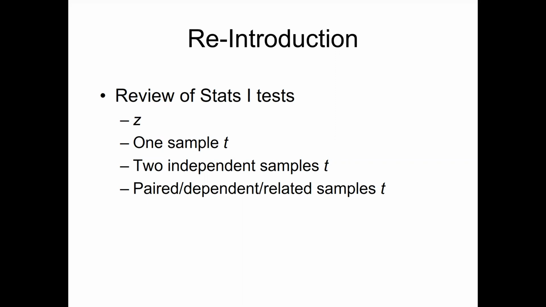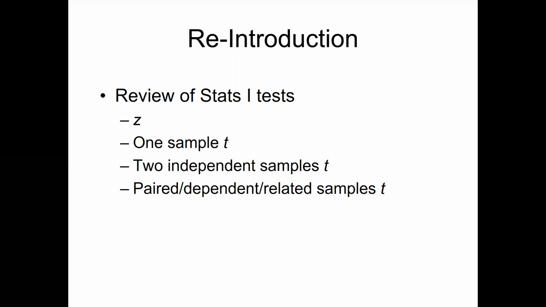So this would be a case, for instance, when you have a target mean. So you know the average age of New York City school teachers. You have a sample, the sample has a mean and standard deviation. You do not know the standard deviation of the population of New York City school teachers. So you can't use the z because you don't have the full information on the distribution.